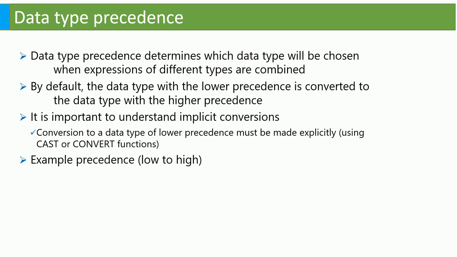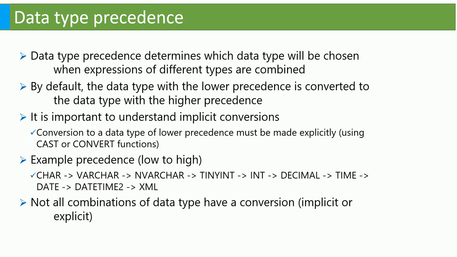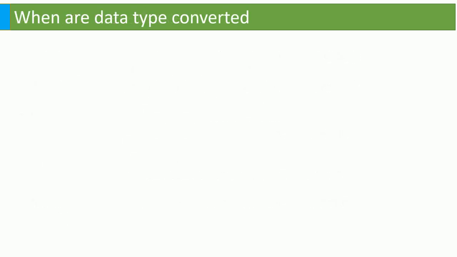For example, precedence from low to high goes from char and varchar up to tinyint. So this is the flow from low to high. Not all combinations of data types have an implicit or explicit conversion, so you cannot convert all data types, only a few.